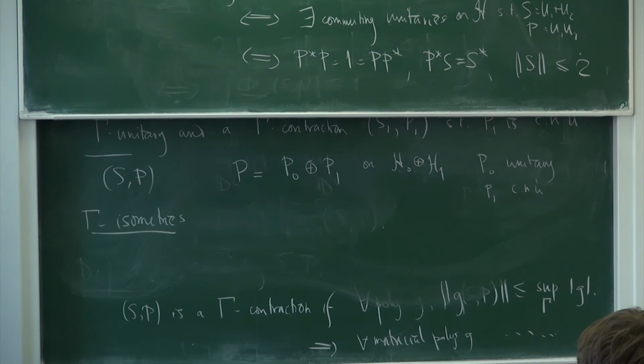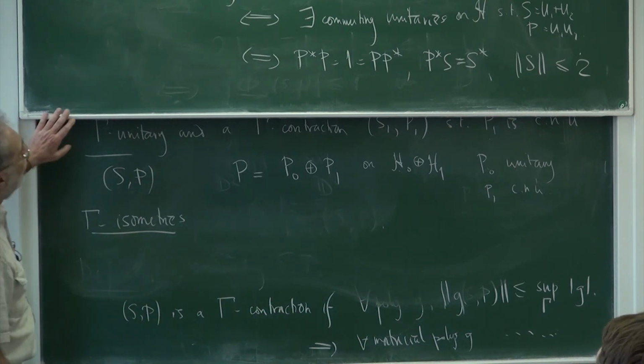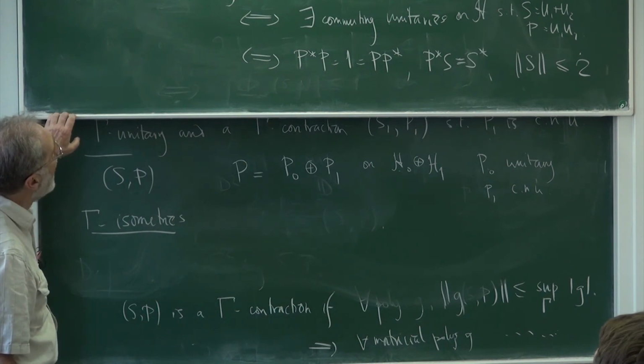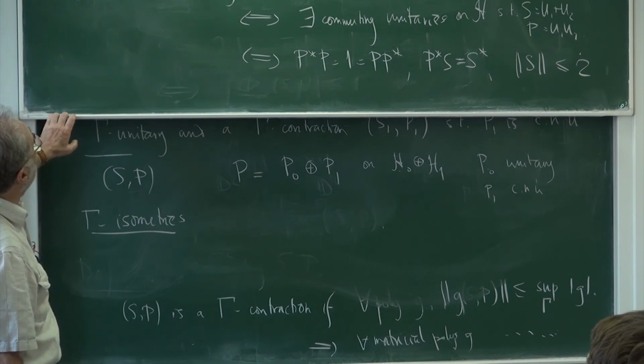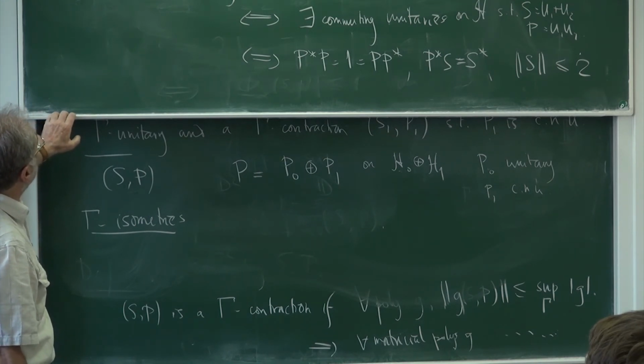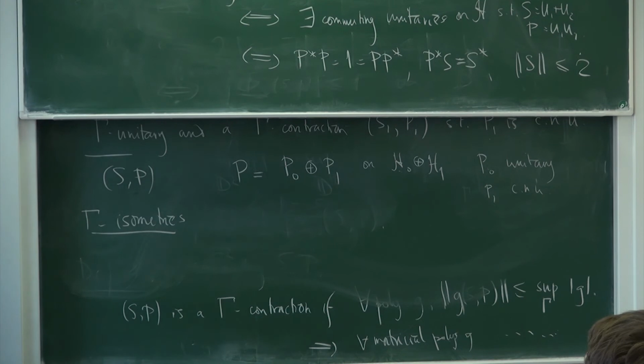How should we generalize the notion of an isometry to the gamma contractions? Well, we have the definition of a gamma unitary here.